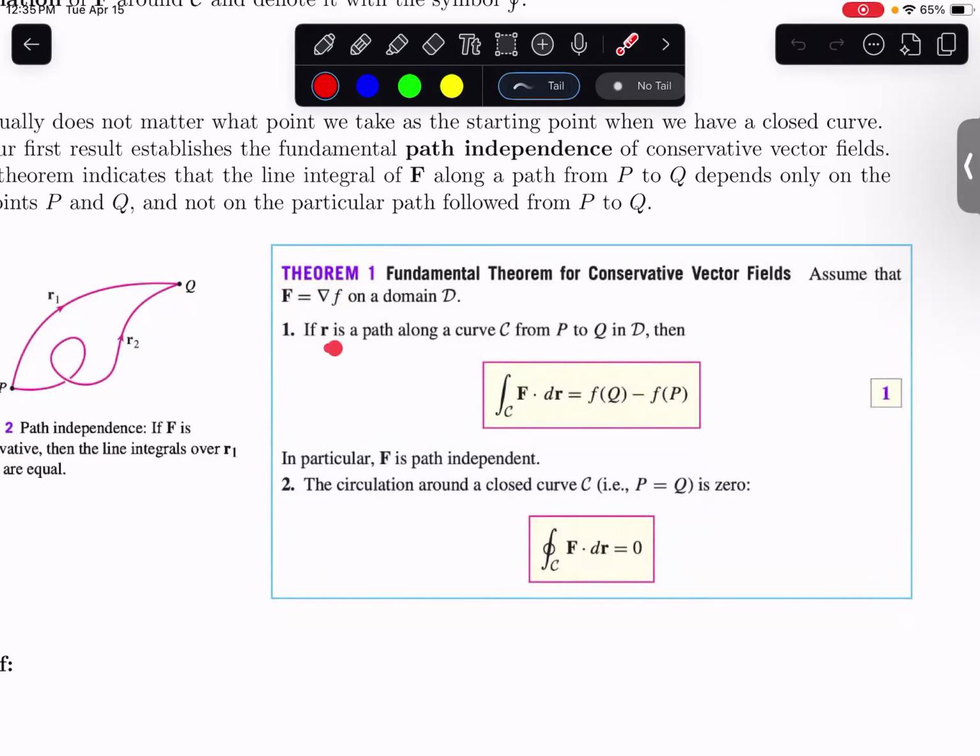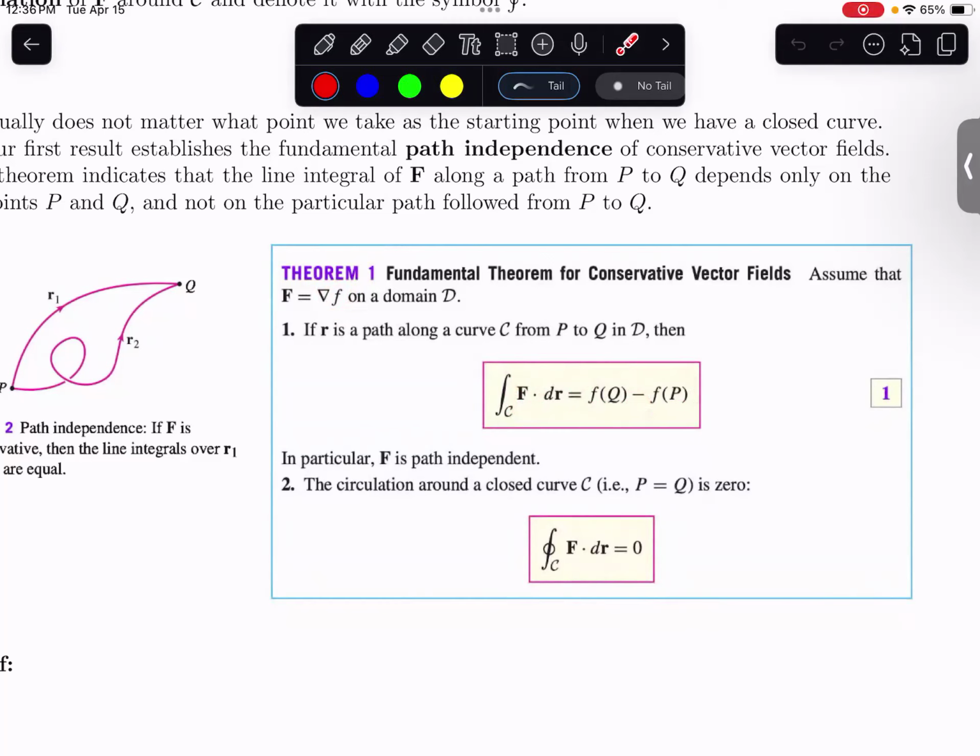It tells us that if r is a path along a curve C, so you should be thinking r is a parameterization of our curve C from P to Q in some domain D, then the vector line integral over our conservative vector field is equal to little f evaluated at Q minus little f evaluated at P, right? You take this function little f, plug in the endpoint, and subtract the value at the beginning point.